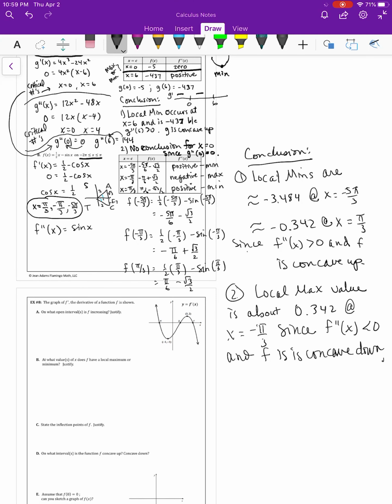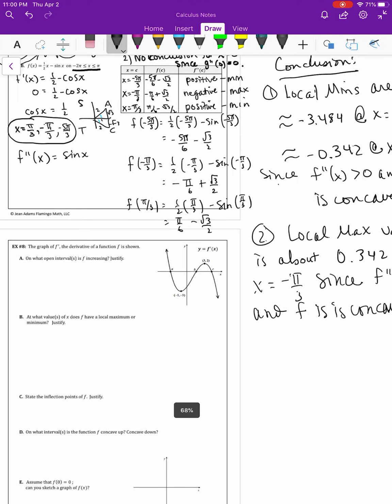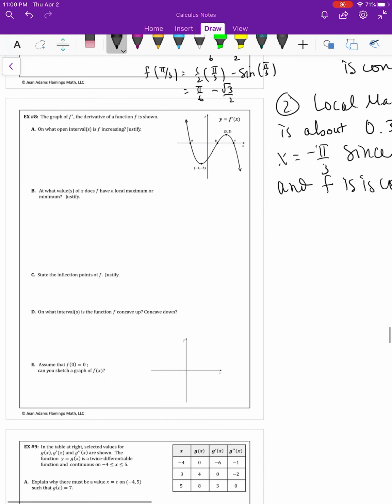Normally, when you're doing this, you would not have your first derivative. They would only give you values for your second derivative, and they would give you the critical points. But some people say, well, why would you use the second derivative test if you could just use the first derivative test?